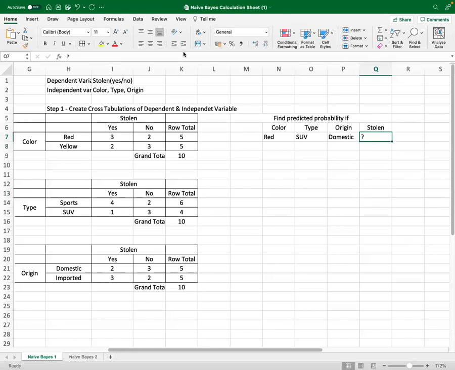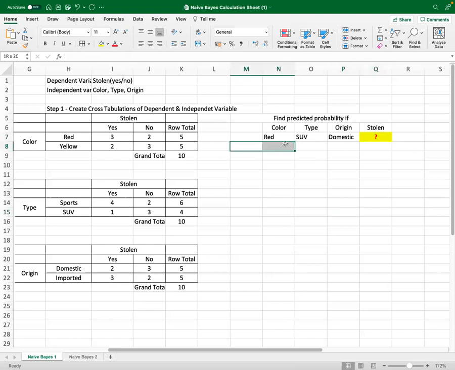So you have to find out whether the car will be stolen or not. This is what we have to find out.